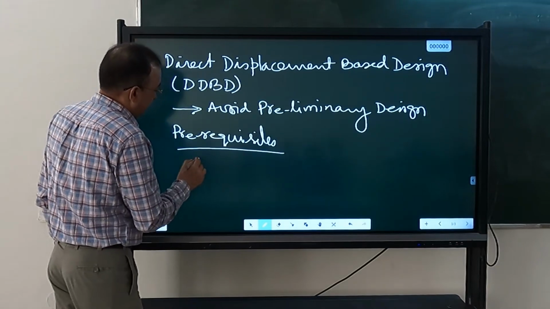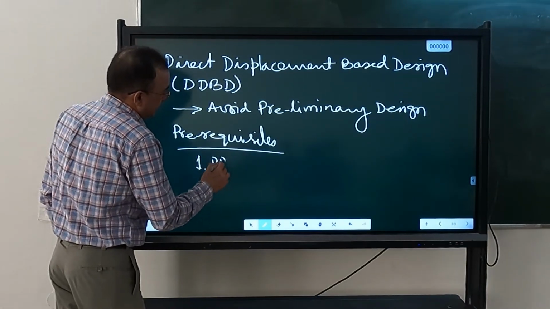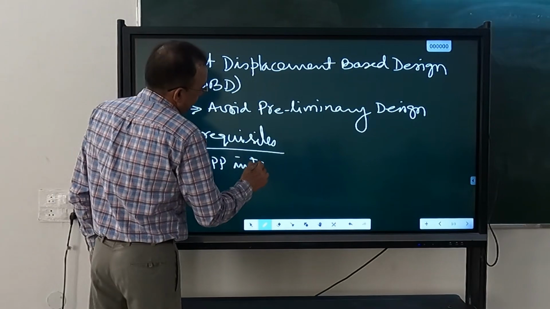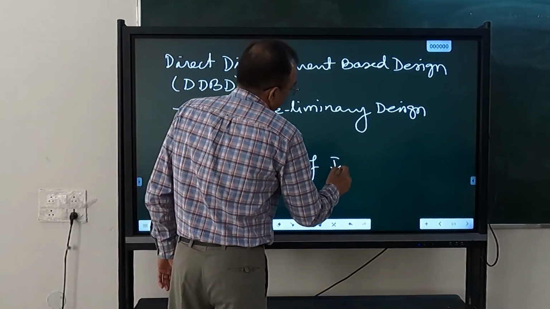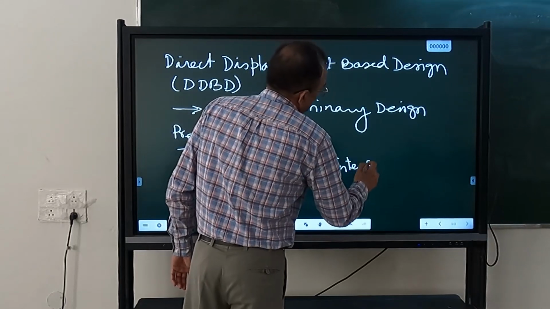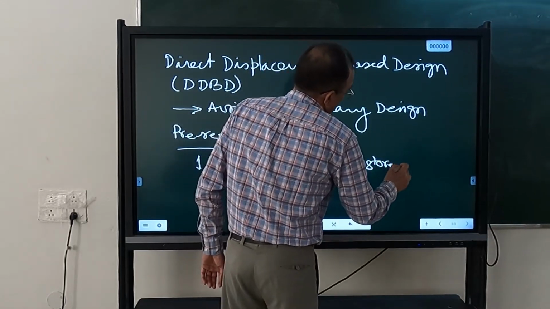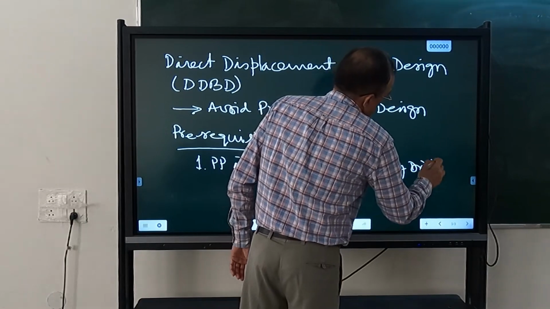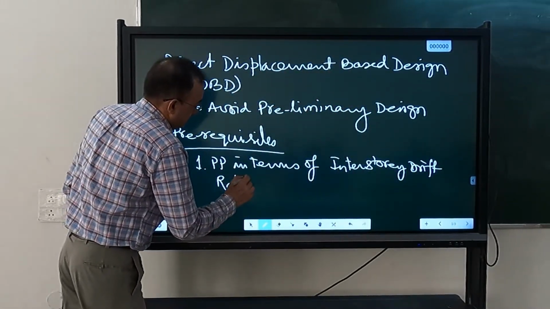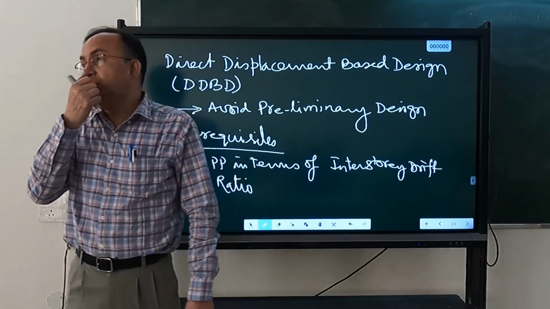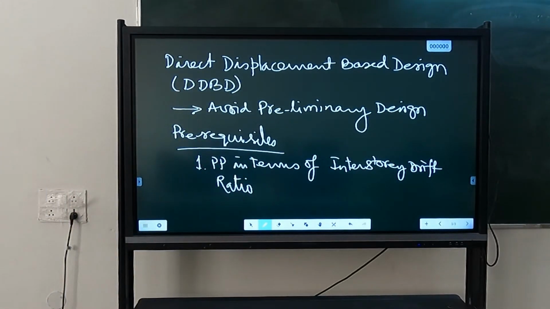So the first prerequisite is that the performance point should be in terms of inter-story drift ratio. It cannot consider performance point in terms of IO, LS, CP. It will consider performance point in terms of inter-story drift ratio.